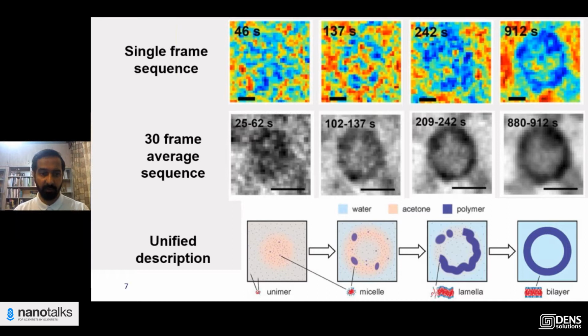But if you go with average frame sequences, you can conclude that it comes from patches of block copolymers. But the use of liquid phase electron microscopy has combined these two theories, showing that these are just looking at the tail or the ear of the elephant.